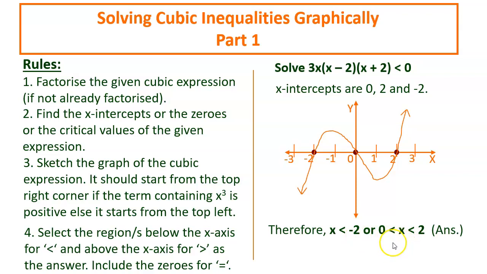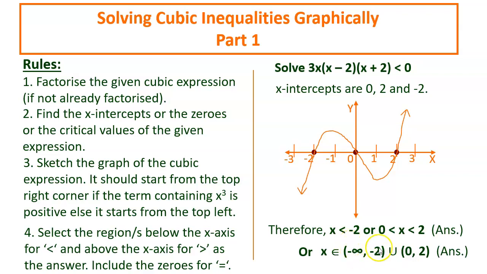If we want to give the same answer in interval notation form, it will be x belongs to negative infinity and -2, because we have to give the interval. These two are included within the parenthesis because none of these two are included within the solution set.